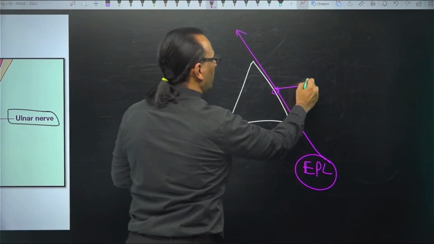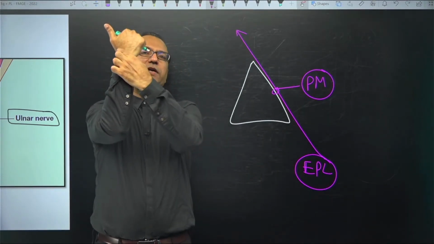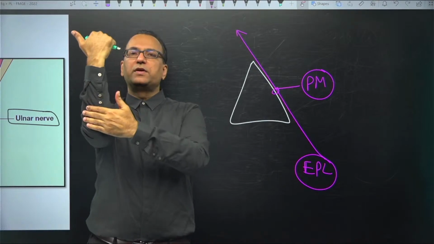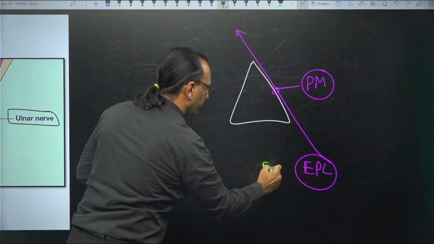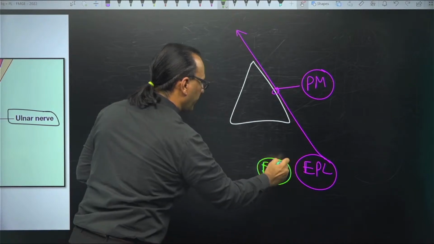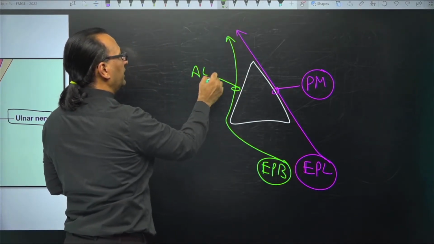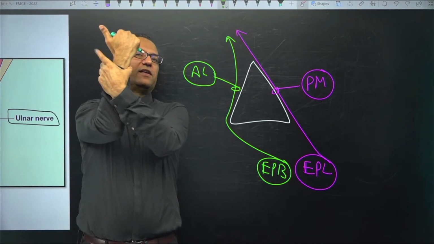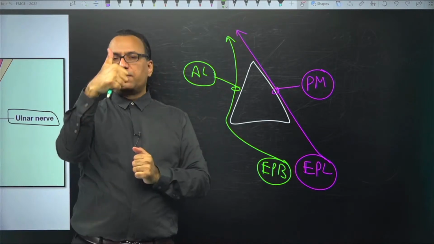Extensor pollicis longus is the posteromedial boundary, a muscle of the posterior forearm. Another muscle of the posterior forearm, extensor pollicis brevis, is going anterolaterally. So the anatomical snap box is bounded by two extensors of the thumb.